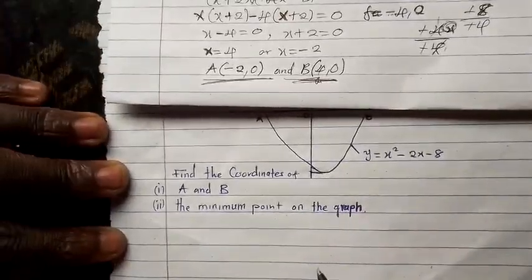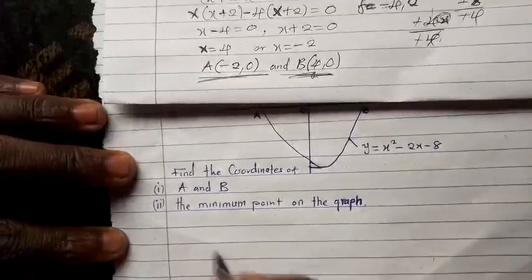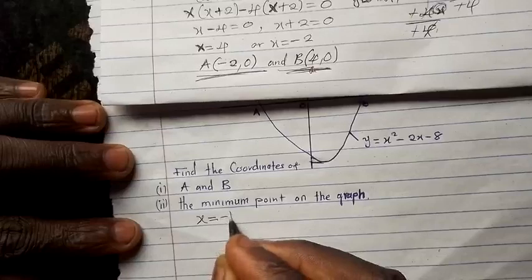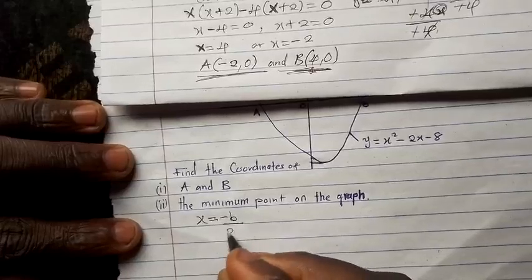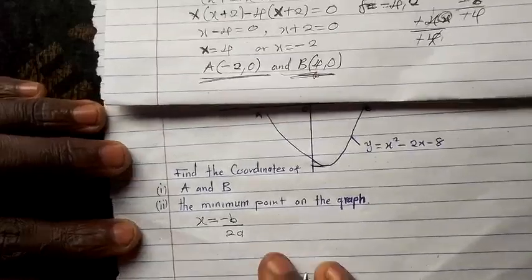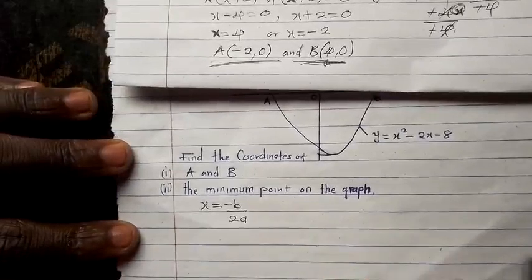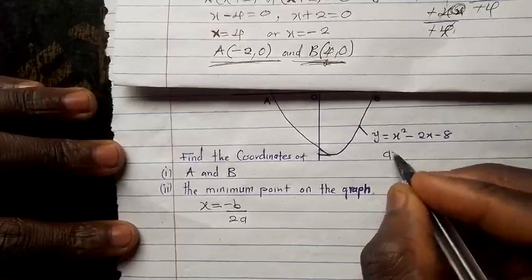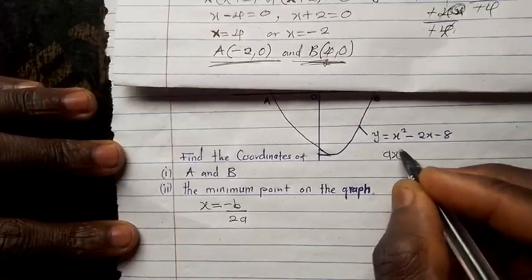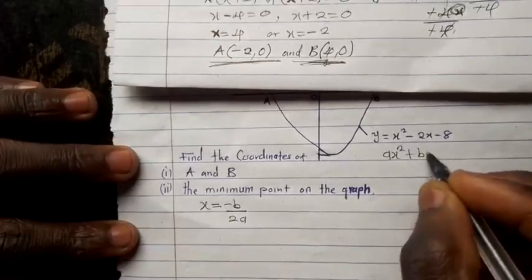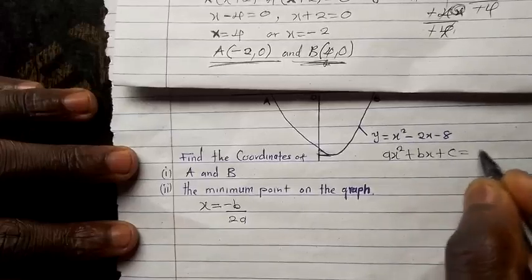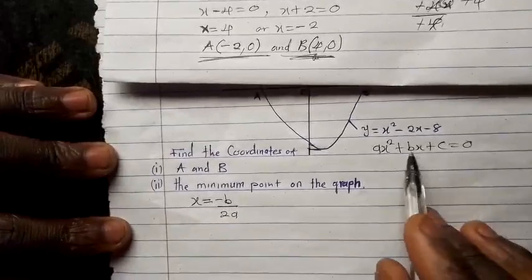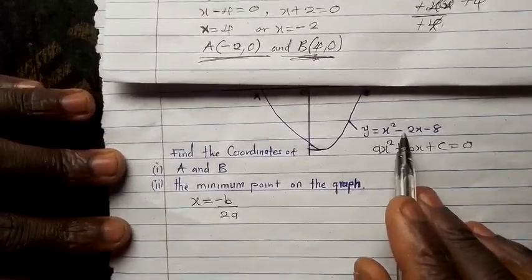So the first thing here, I'm going to find the value of x by using this formula. So I'm going to say x is equal to negative b over 2a. Okay, so now in this part here, since I was saying the quadratic equation obeys the layout of ax to the power 2 plus bx plus c is equal to 0, the value of b here is negative 2.